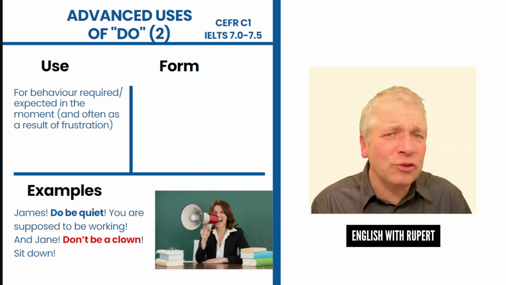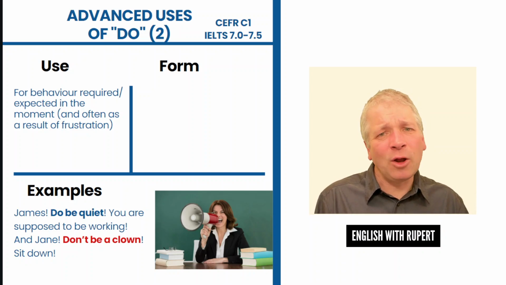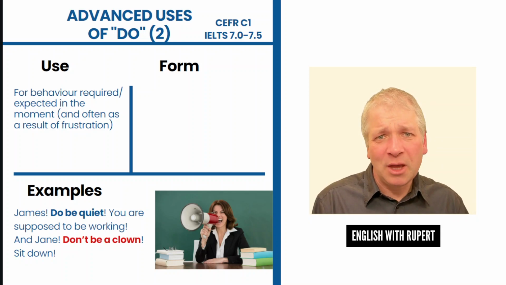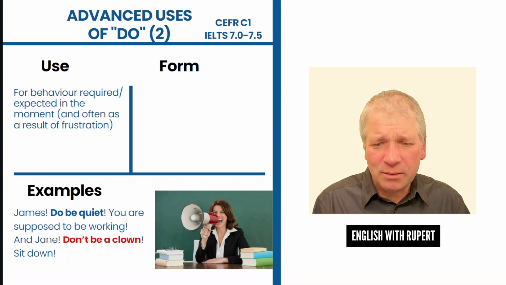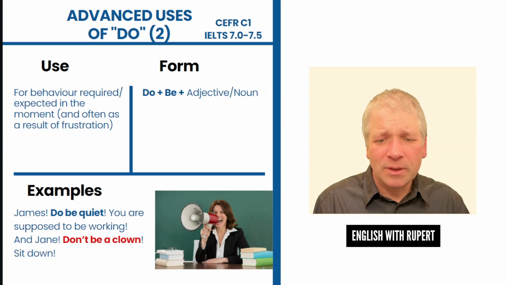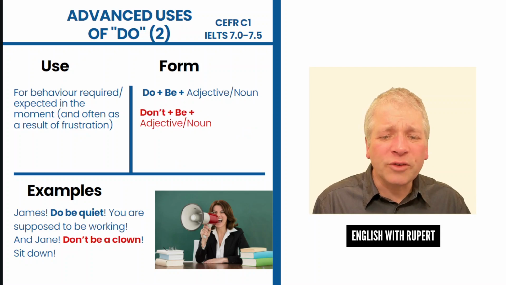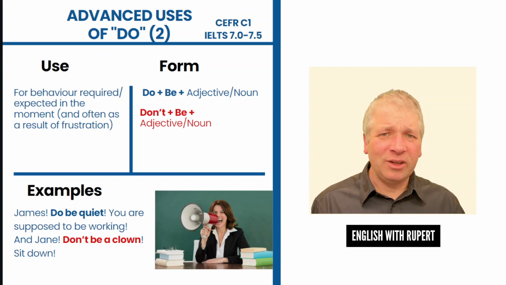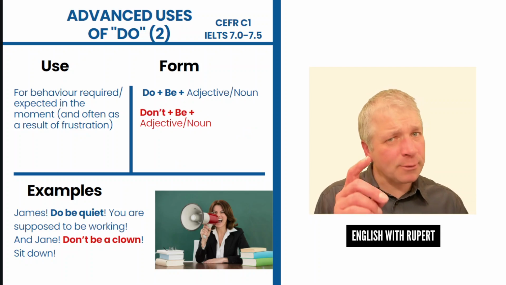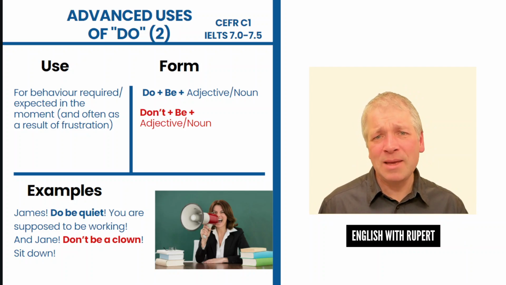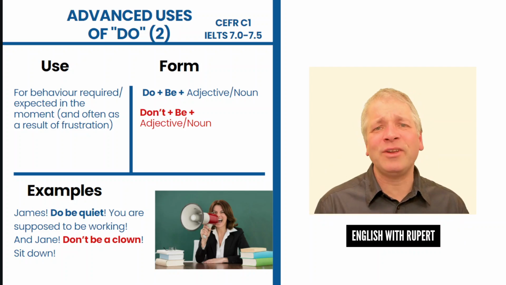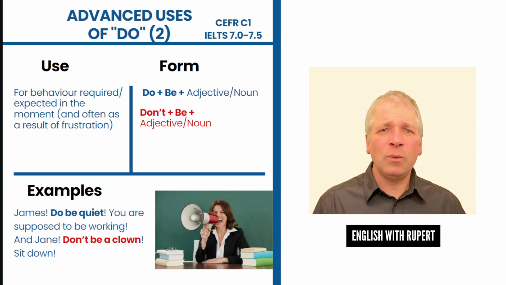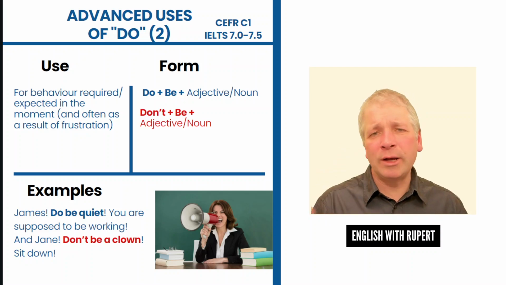It doesn't have to just go with be, but it often is. The form in this case is do be, followed by an adjective or a noun, or don't be, followed by an adjective or a noun. It is possible to use other verbs apart from be, but it needs to fit this criteria, which is behaviour required or expected.